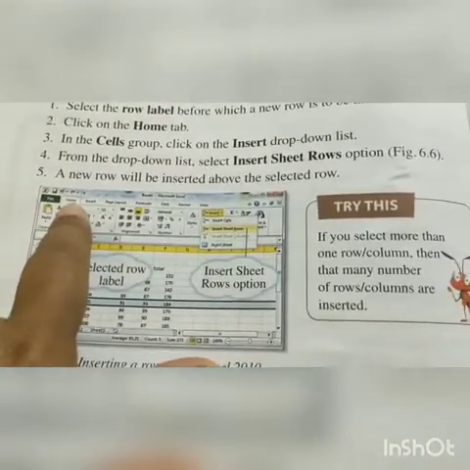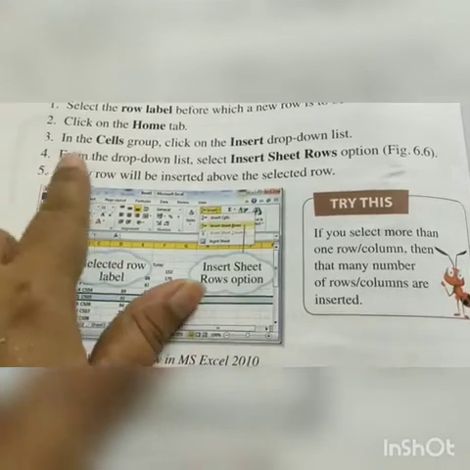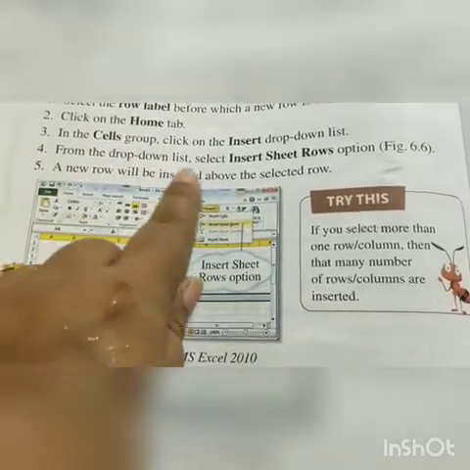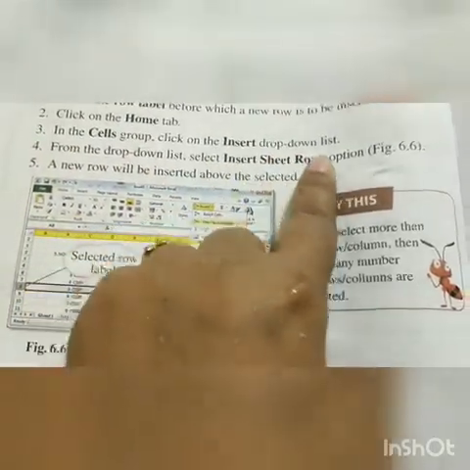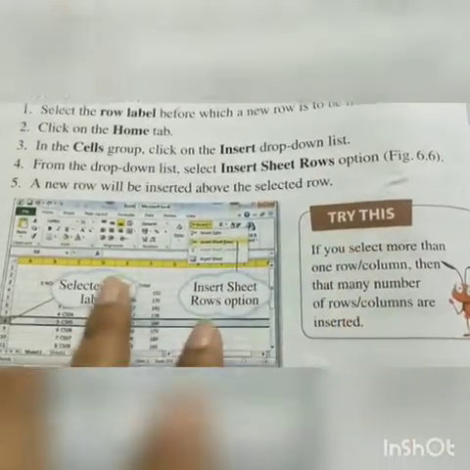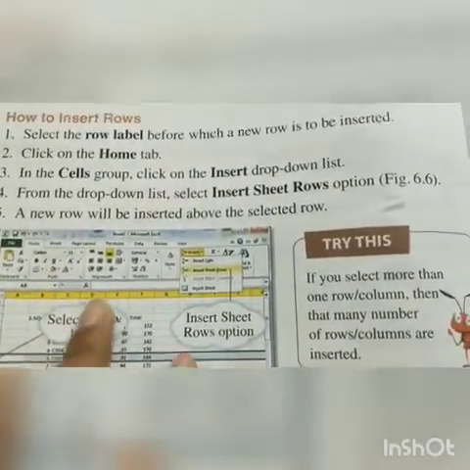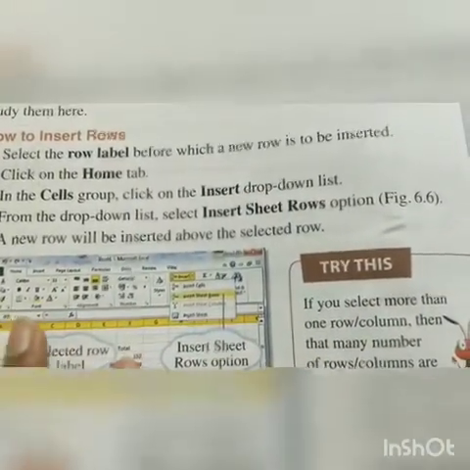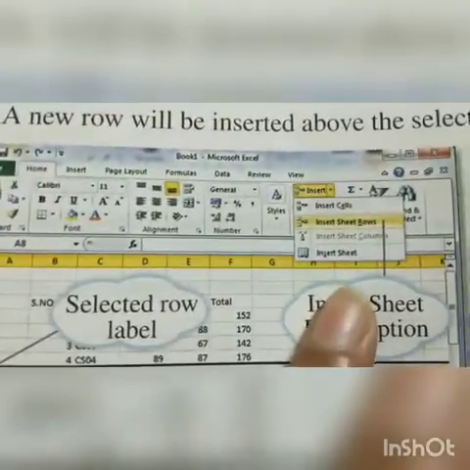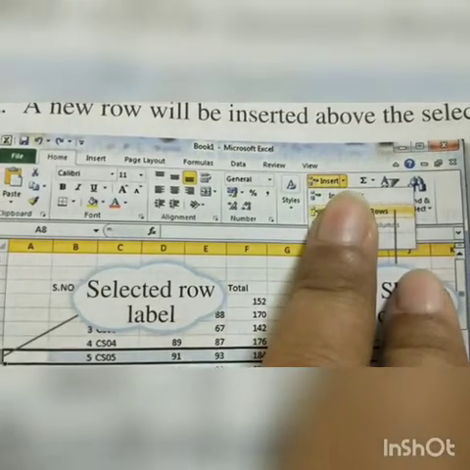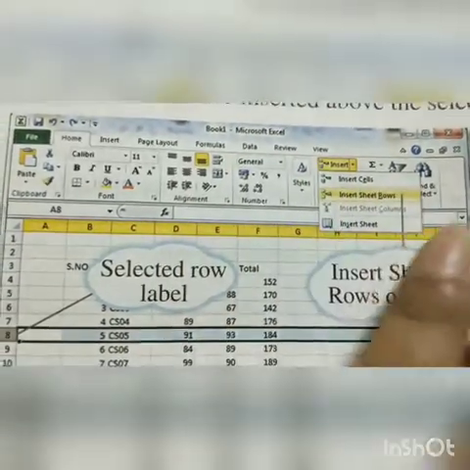Here, Home tab. In the Cells group, click on the Insert drop-down list. So in the Home tab, in the Cells group, look here. Here this is the Cells group.